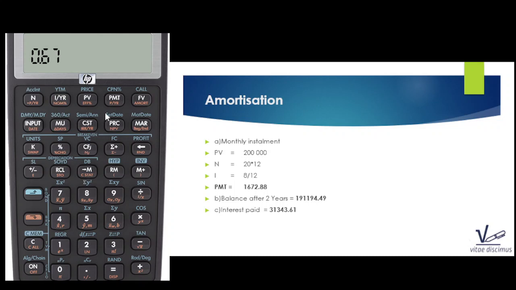Then we compute the payment. So the monthly payment would be $1,672.88 a month. That's what they should be paying towards the house.